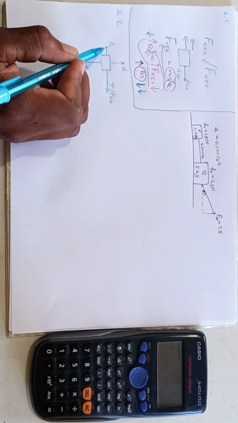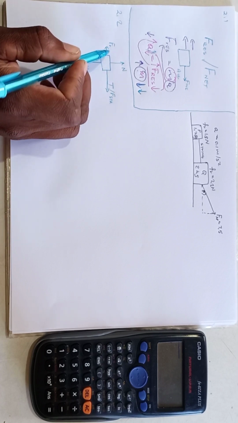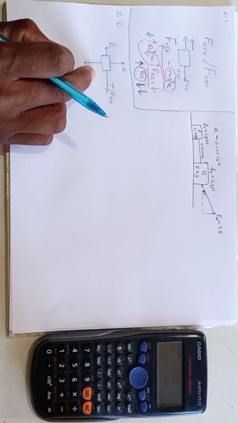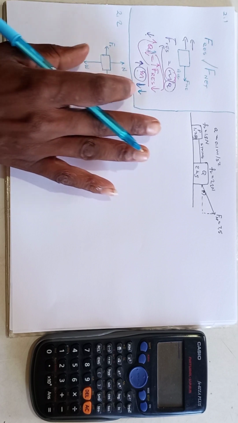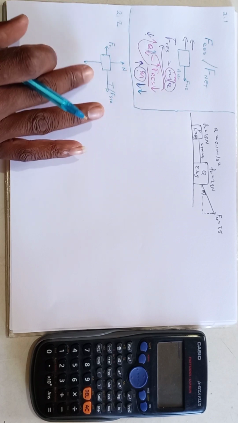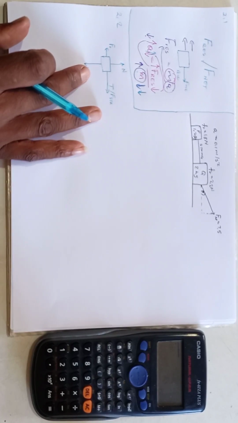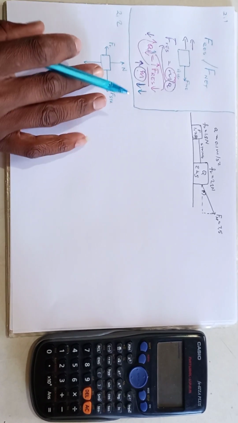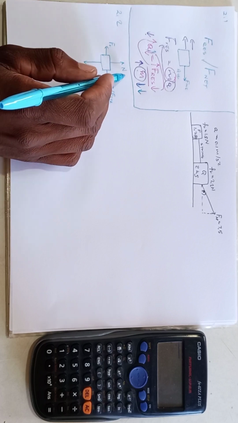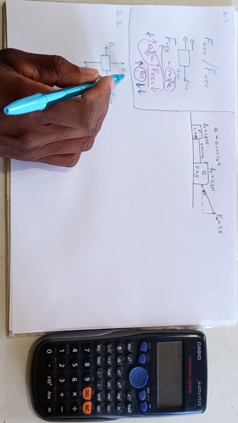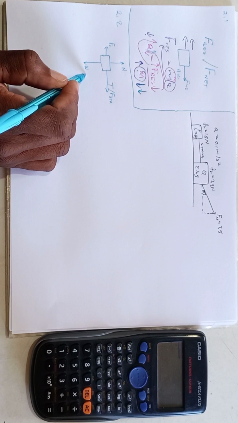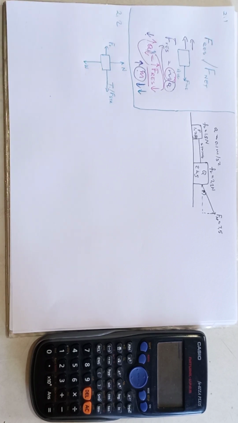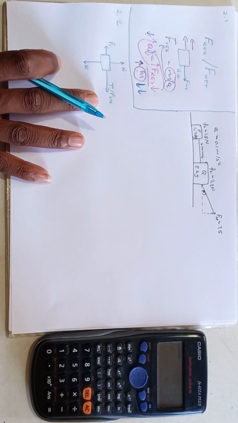And if you want to, you say FRP or FR1 to show that this force is on crate P, which is our first crate from the left. So you would be done, but make sure that you tell them that this is your normal force, this is your gravitational force, this is your frictional force, and this is the tension or the force on a string.